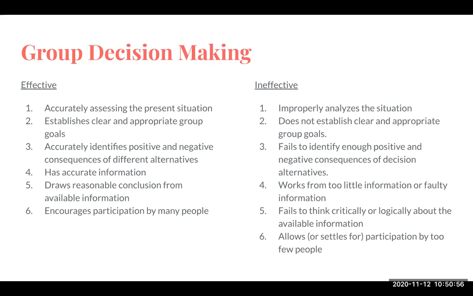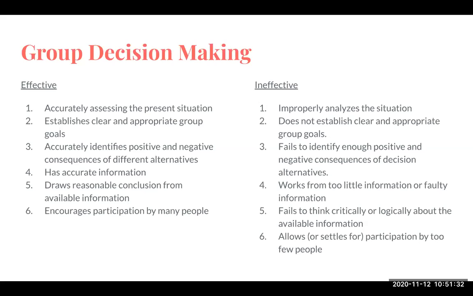And then on the negative side, sometimes group decision making is ineffective, where you improperly analyze the situation. If you don't establish clear or appropriate group goals, if you fail to identify enough positives and negatives, then that's going to get you in trouble. It can work from too little information or faulty information, groups can fail to think critically or logically about available information, and it can allow or settle for participation by too few people.